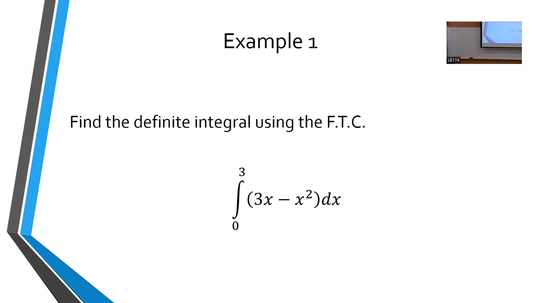So we want to calculate the definite integral. You could also say find the signed area under the function 3x minus x squared. Whatever you want to call that function, it's fine. And we'll use the fundamental theorem of calculus to do that.